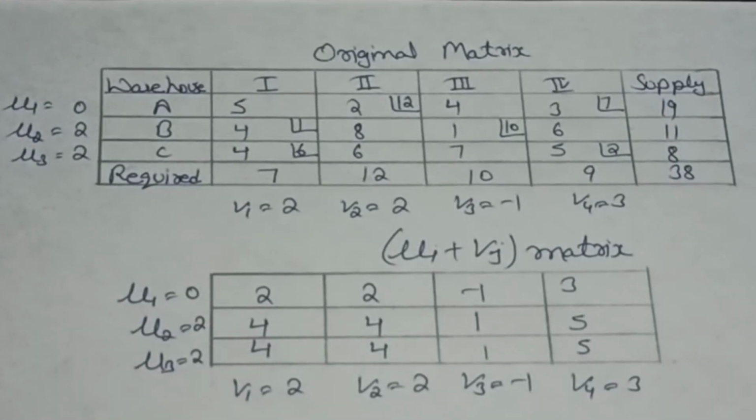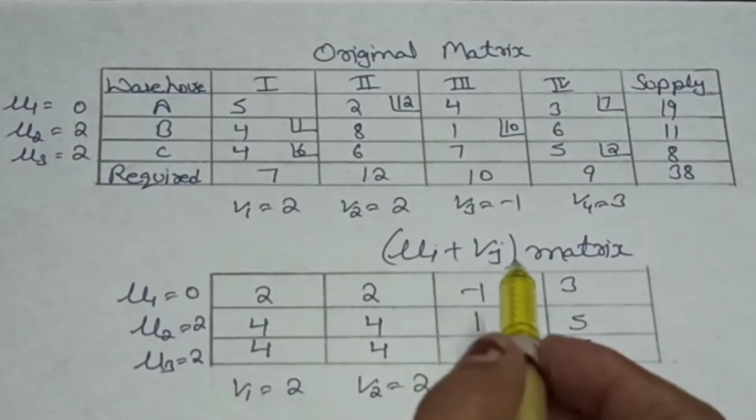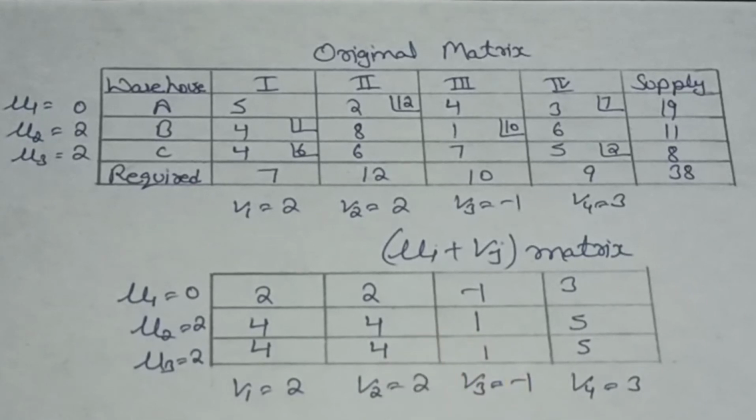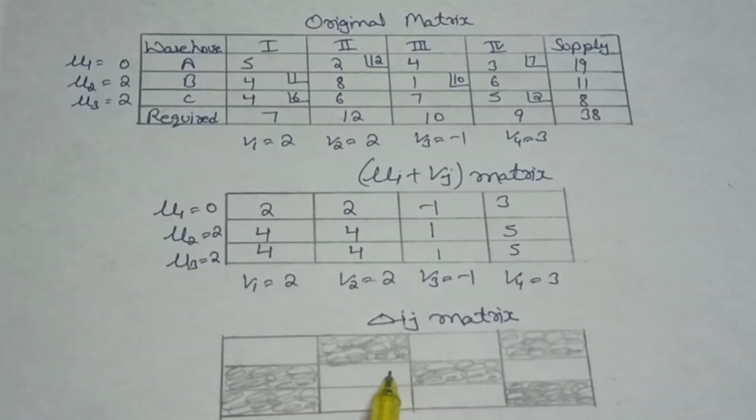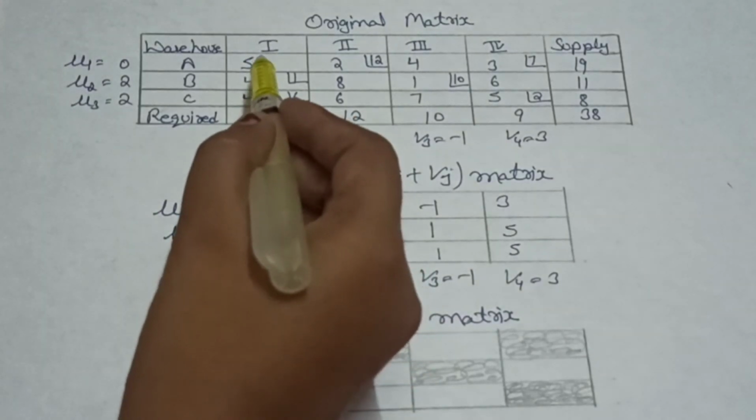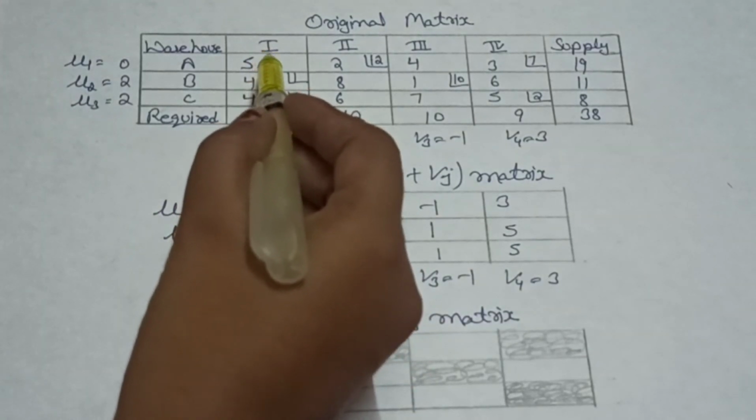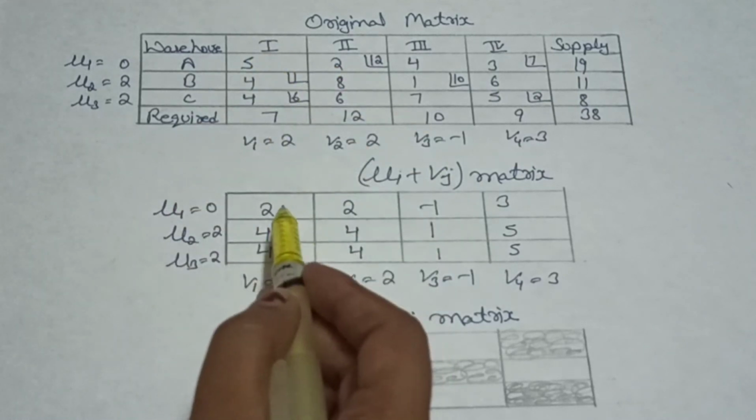So we have calculated our ui plus vj matrix. Now we will calculate this matrix. These are our allocated cells and these blank cells are our unallocated cells. We have to calculate value for these blank cells. First of all, for this cell we will use the original matrix. Here in the first cell of the original matrix we have 5 and here we have 2.